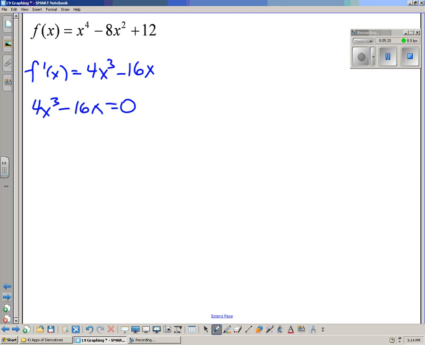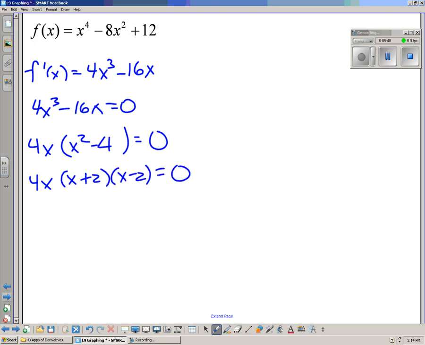Usually we also have to watch out for where the derivative is undefined, but there is no fraction here, so we're okay. Factoring out a 4x, we would be left with x squared minus 4. And then we can factor further. And now we will have 3 roots: 1 at x equals 0, 1 at x equals negative 2, and 1 at x equals positive 2.